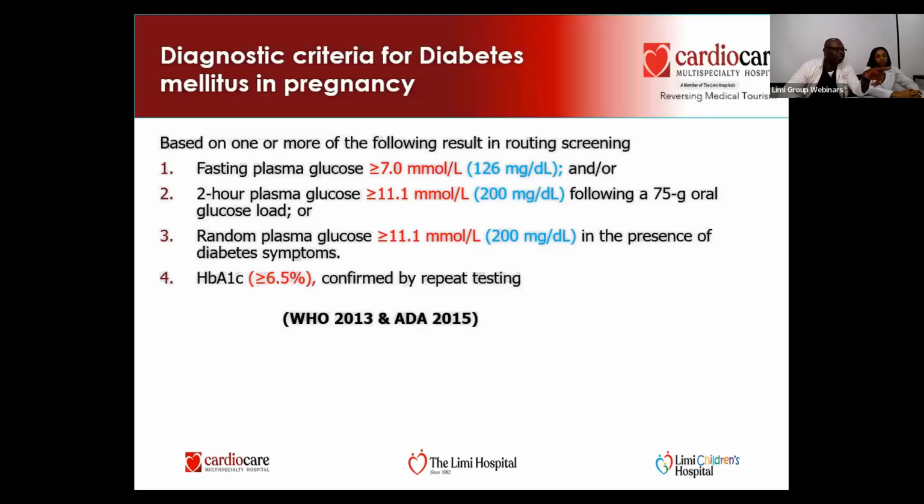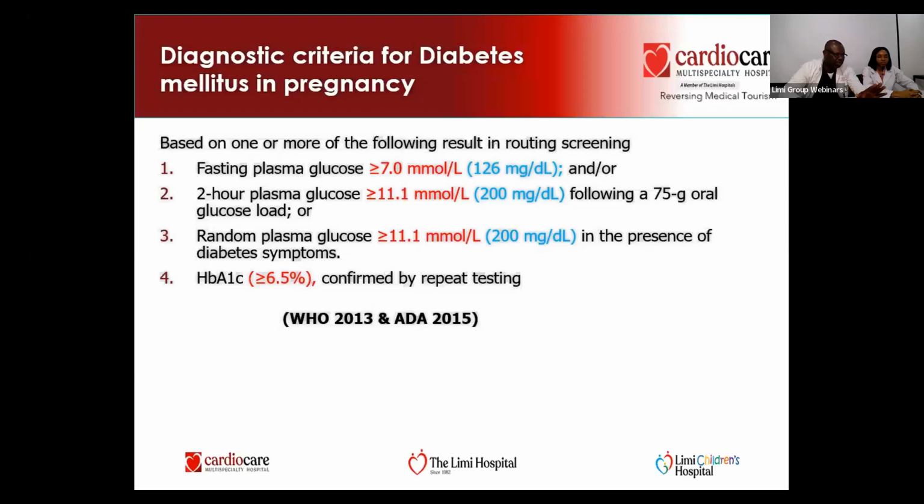For diabetes in pregnancy, the fasting will be greater than 7.0, like the way you diagnose normal diabetes in patients. 2 hours 11.1, or a random blood sugar of 11.1, or an HbA1c of 6.5 at any time before 24 weeks in this patient is pregestational diabetes, or diabetes in pregnancy.